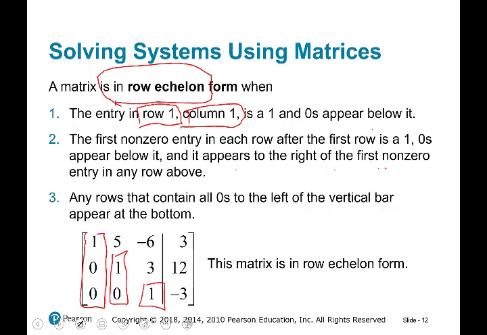Okay, why do we want that? Because here, if I write this as a system of equations, I have x plus 5y minus 6c equal to 3. Second equation will be y plus 3c equal to 12. And the last one is c equal to minus 3.